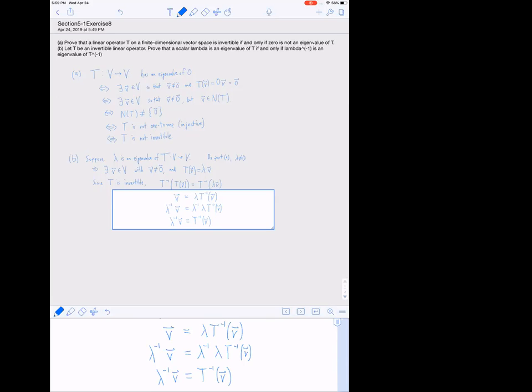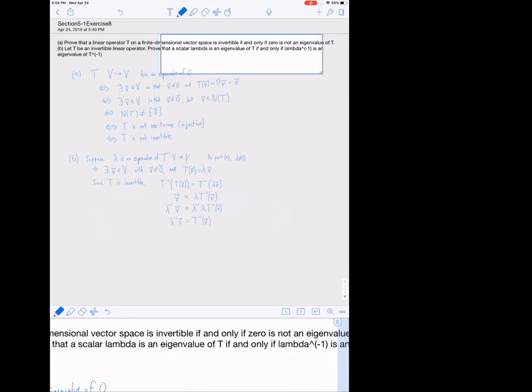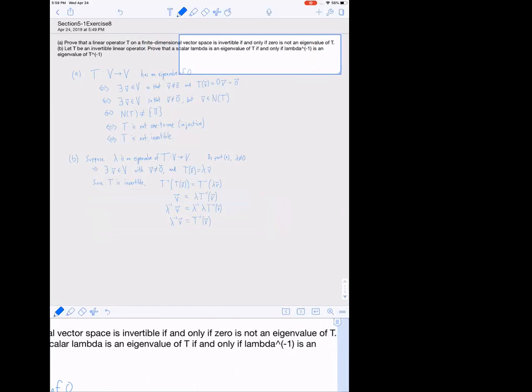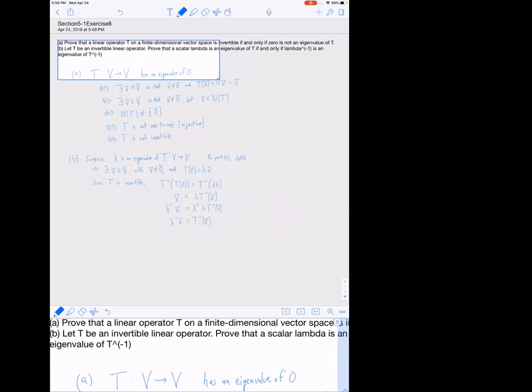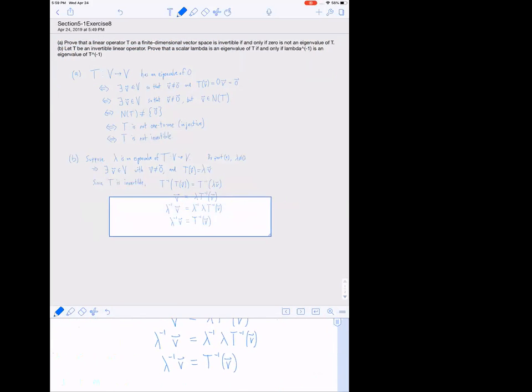Right, so technically this is only one direction of the proof. If lambda is an eigenvalue of T, then lambda inverse is an eigenvalue of T to the -1. But actually, again, these steps are all invertible.